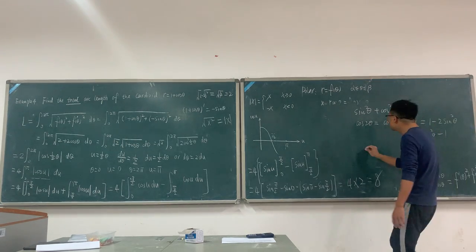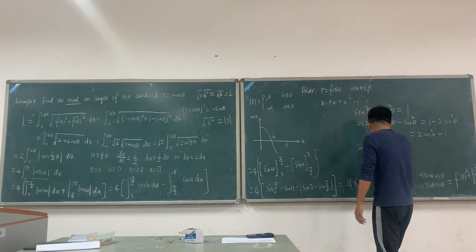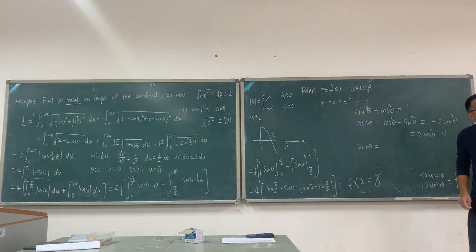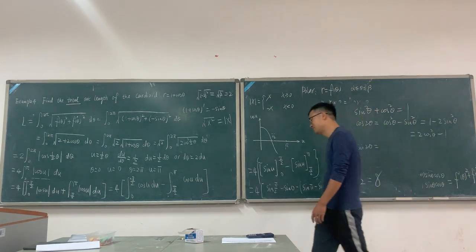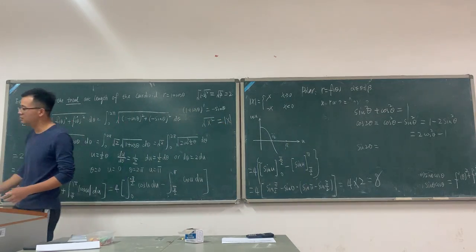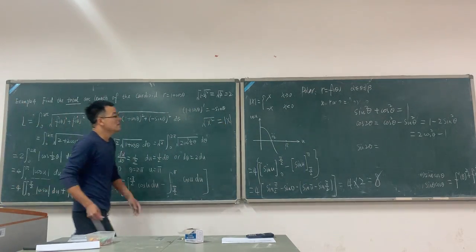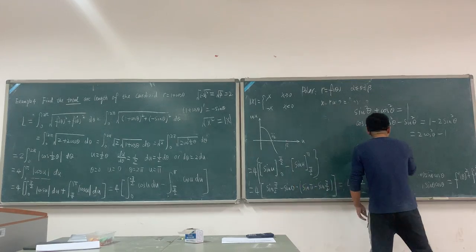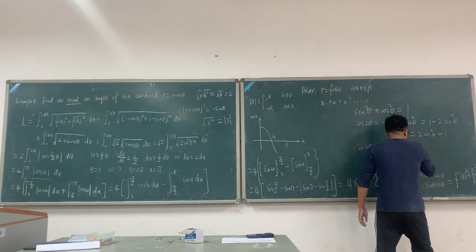And sin 2 theta equal to what? Sin 2 theta equal to 2 sin theta cosine theta.